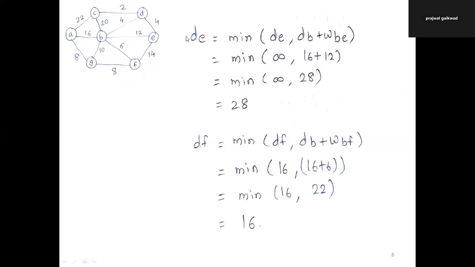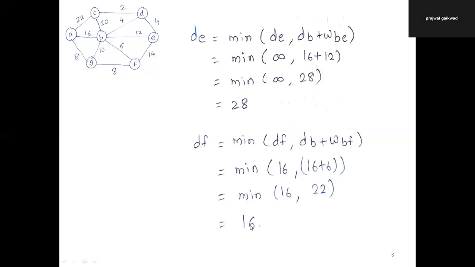Likewise, the distance of E will be 28. How is it? E is again not directly connected to A, so it is infinity, comma, the distance of B, which is 16, and B to E, which is 12. So it comes out to be 28. For dF, we already have dF, which is 16. If you want to check the alternate path, it is 16 plus 6, which is 22.